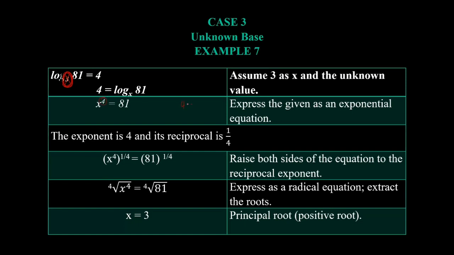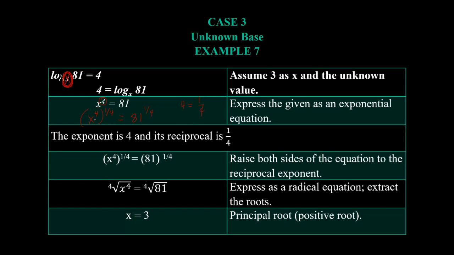The reciprocal of 4 is 1/4. Therefore, we multiply 1/4 to both sides of the equation. So we have x raised to 4 times the quantity raised to 1/4 is equal to 81 raised to 1/4.